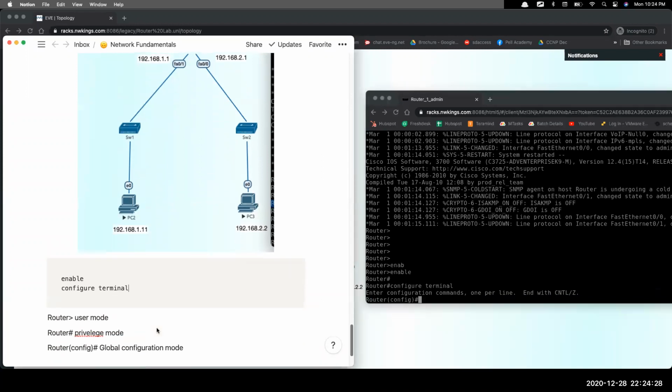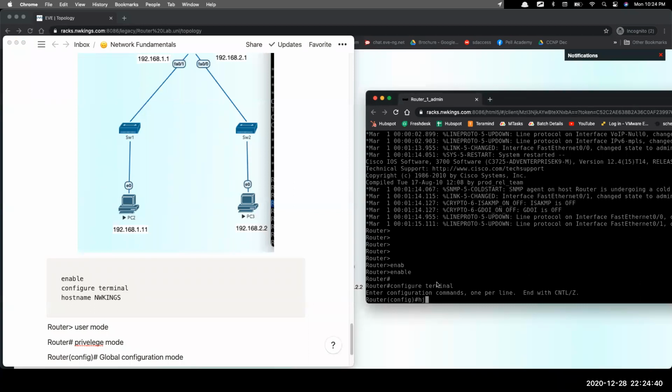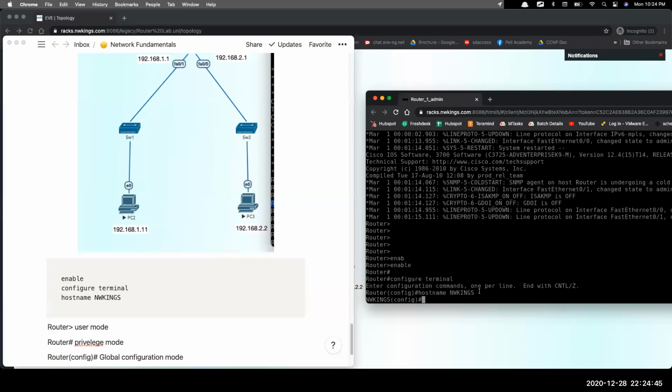After that, if I want to change the device name, what is the command? Hostname. My router name is router, so I can name it NW Kings or something. So I will write hostname NW King. You can see you don't have to commit anything directly. The things are changing here. In advanced routers, or if you work in Cisco ASR or even in Juniper, you need to save things to enable the changes.